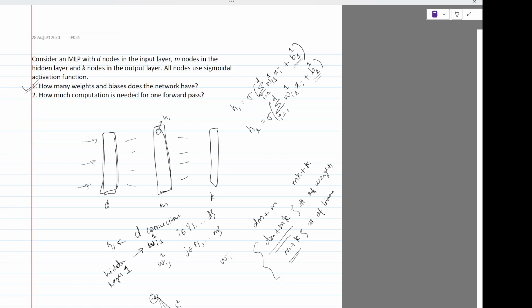It's just the input is taken here. Here, in the first part there is a summation done. Actually, first there is a multiplication done, wi1 into xi. So for the first hidden layer there are d multiplications done.